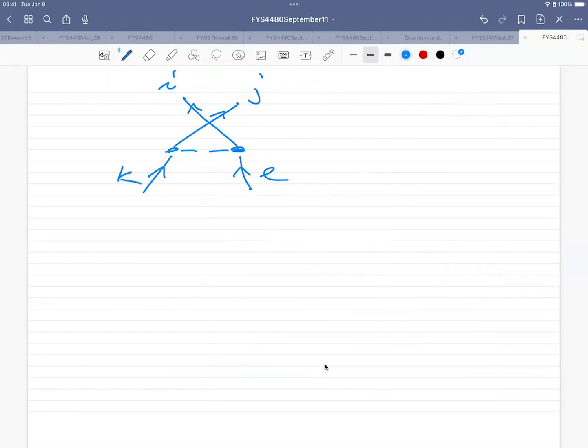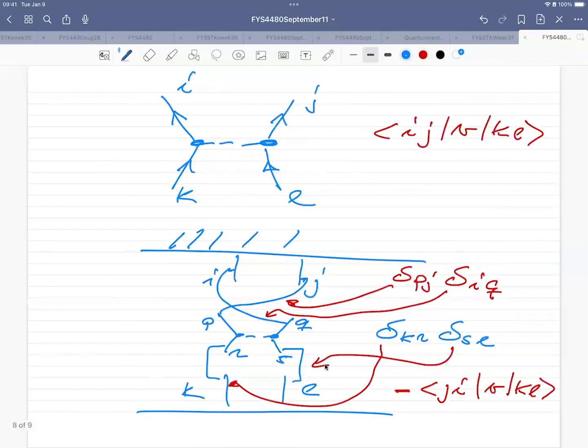Now I can switch the lines which you had here as well and do that. Then I would get the equivalent of this one. And then I can keep these two fixed with P and J, but then I could cross these two. And then I would get the matrix element with a minus, and then I would have IJ, but LK. And these would be the other two contractions.